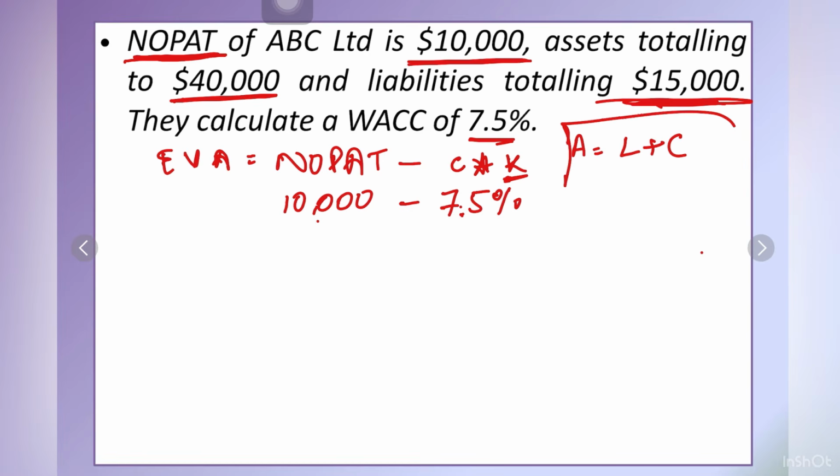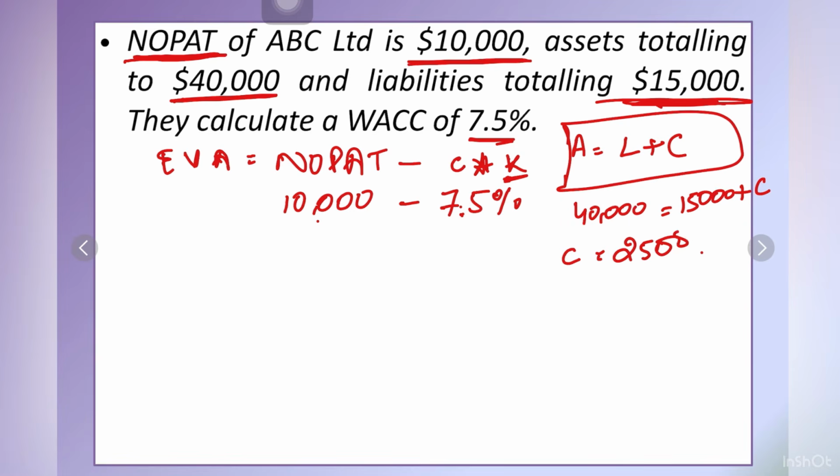Remember, this is the accounting equation. If I put the values over here, 40,000 assets is equal to, how much are the liabilities? 15,000. I can compute capital, that is 25,000, right? I simply put the value over here, 25,000.